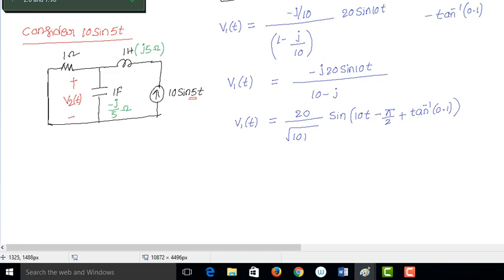Now this current is coming like this, and this current is coming like this. This current is 10 sine 5t. After coming here, the current will be divided between this part and this part.